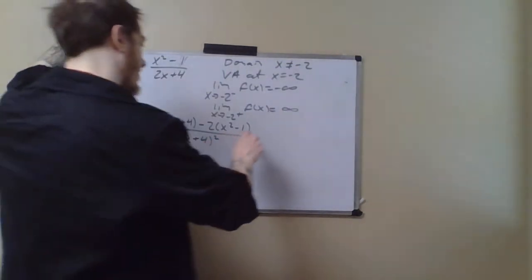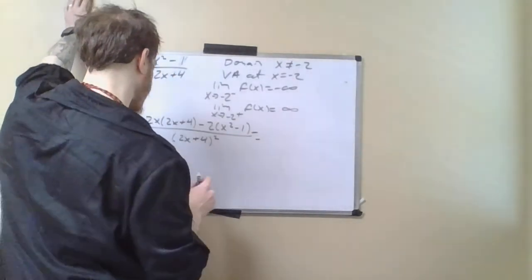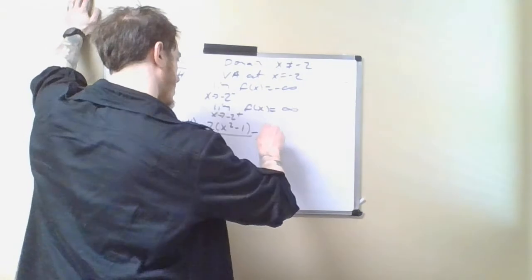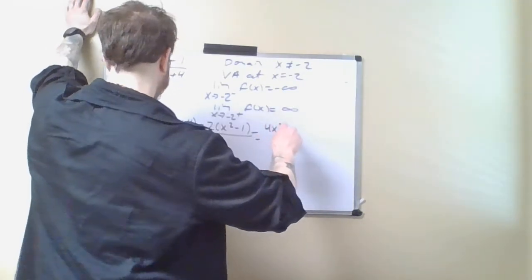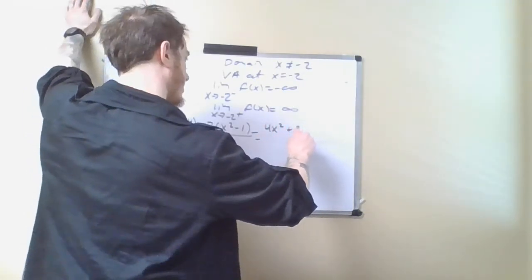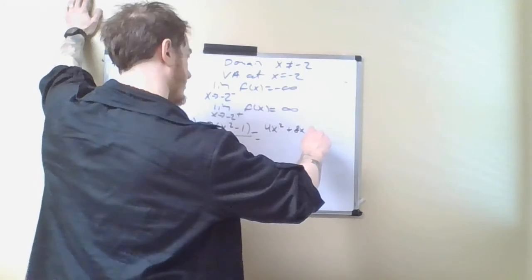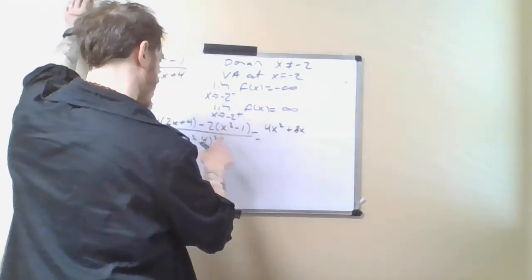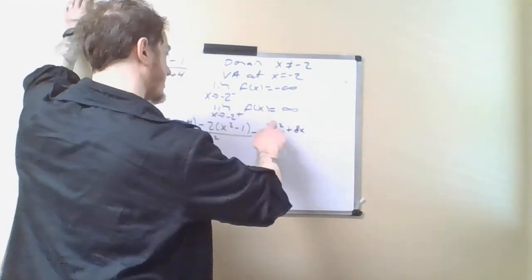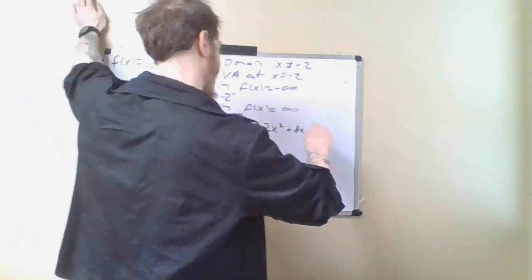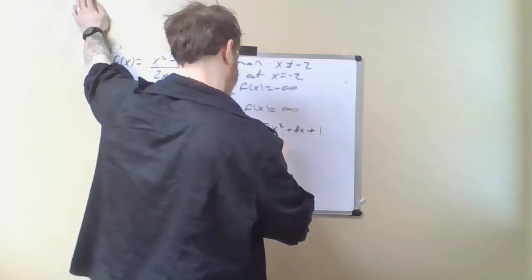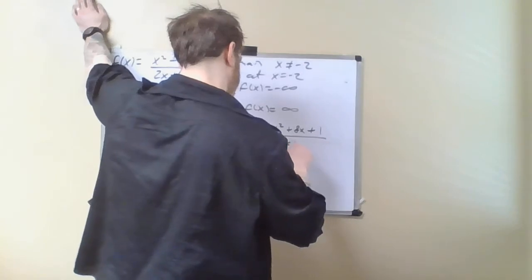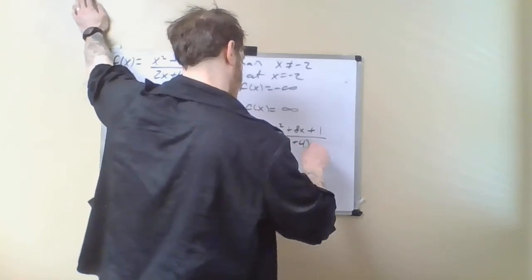Let's see if we can simplify this at all. So this is going to become 4x squared plus 8x minus 2x squared plus 1. So that brings this down to 2x squared plus 8x plus 1 divided by 2x plus 4 squared.